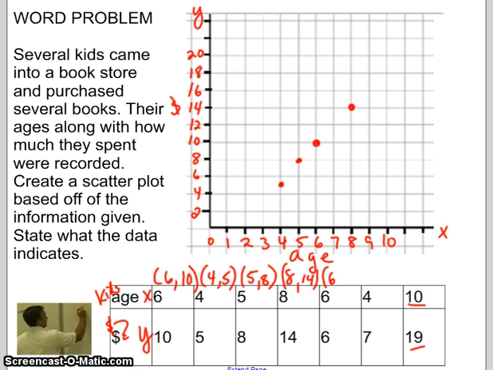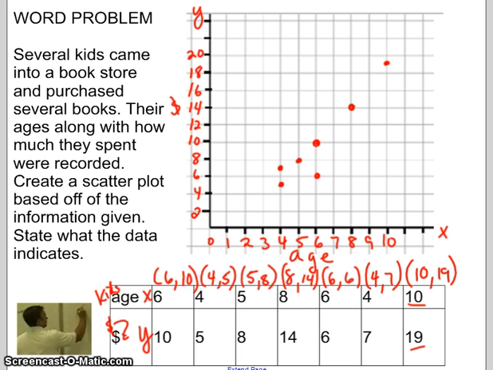Then 6, 6. Then 4, 7, which is between 6 and 8. And 10, 19, which is between 18 and 20.